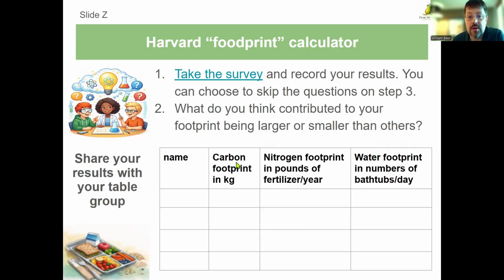Here's another, I call it a food print calculator. This one also includes nitrogen fertilizer, in addition to carbon footprint and water footprint.